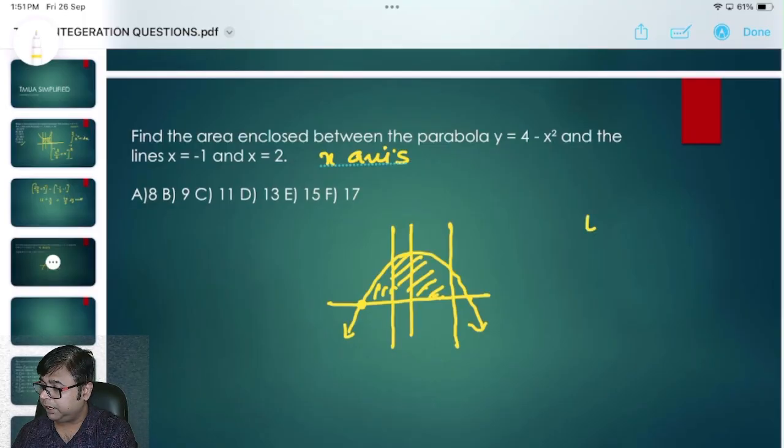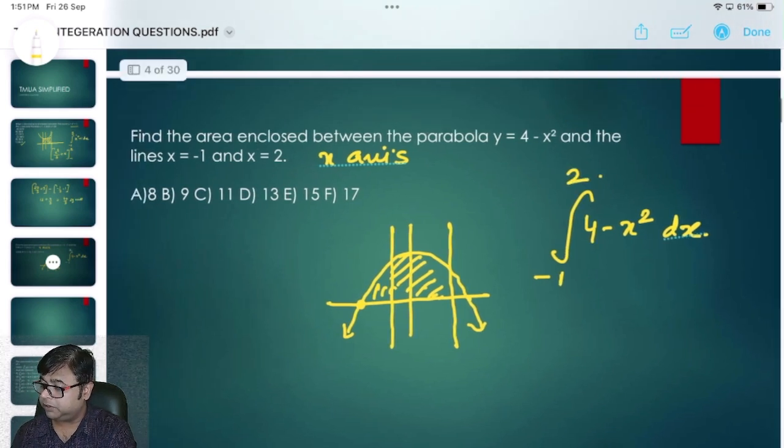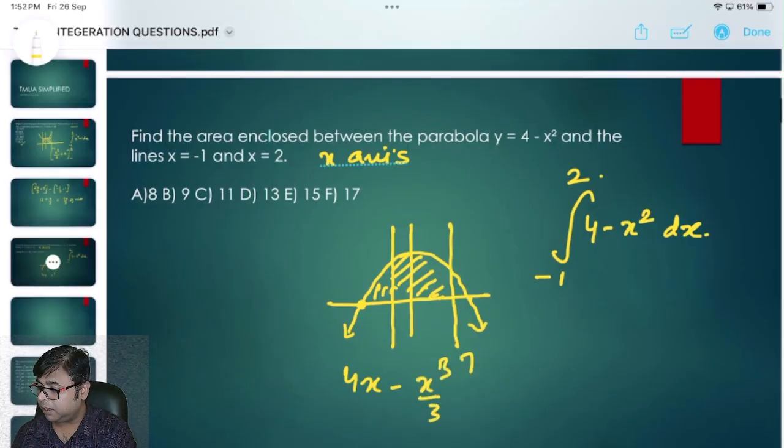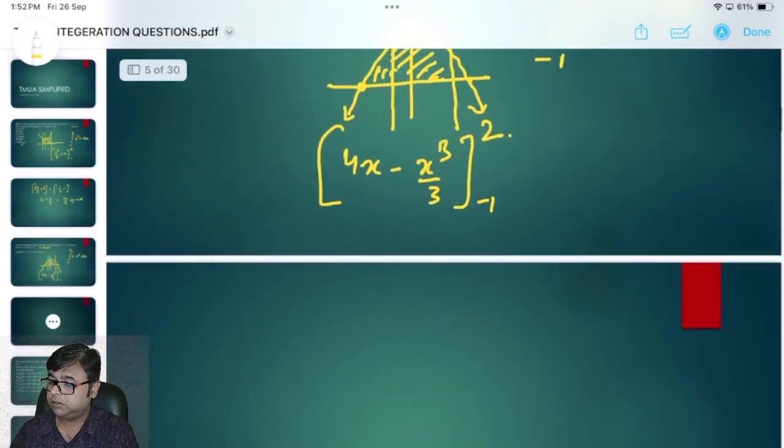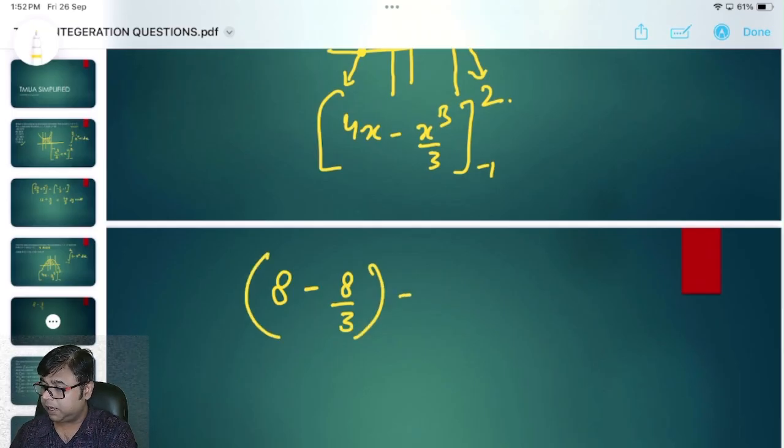So I'm going to just integrate 4 minus x square dx from minus 1 to 2. So first I'll integrate. So I'll get 4x minus x cube by 3, from minus 1 to 2. First I'll put the upper limit, which will be 8 minus 8 by 3. Then from this I'll subtract minus 4 plus 1 by 3.